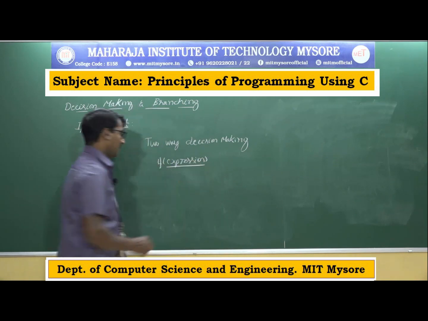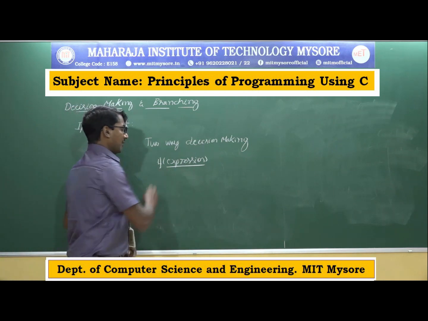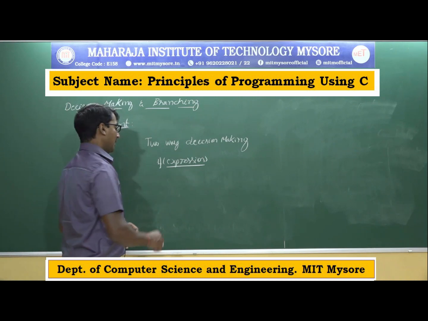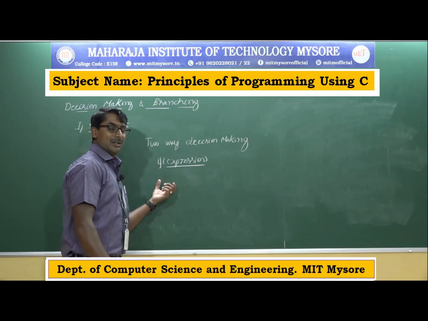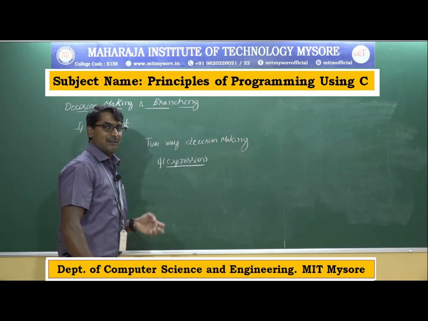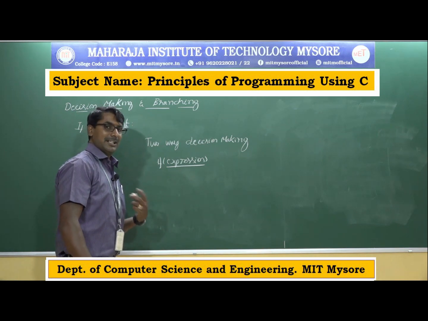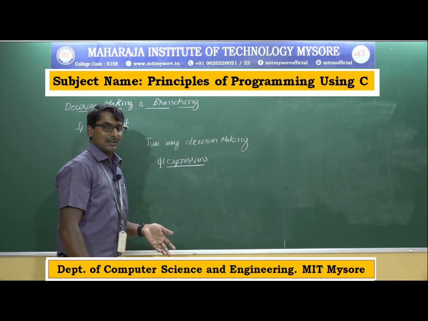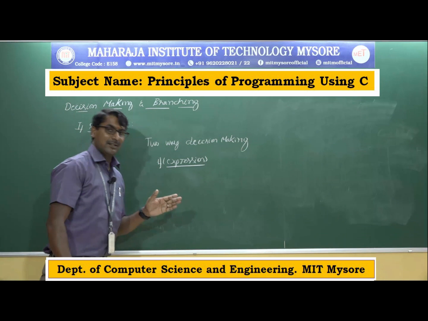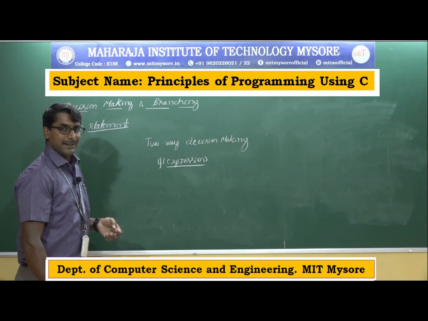First the expression will be evaluated. If the expression is true, the block of statements will be executed. Otherwise, if the condition is false, the block of statements will be skipped. The expression may be a combination of arithmetic, relational and logical expressions.